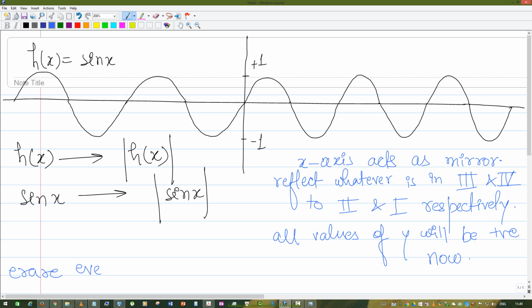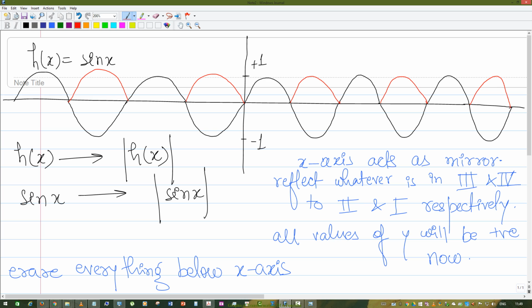Erase everything below the x-axis. So we have to reflect whatever is there: the reflection of this part will be this, the reflection of this part will be this, and so on, through the x-axis.